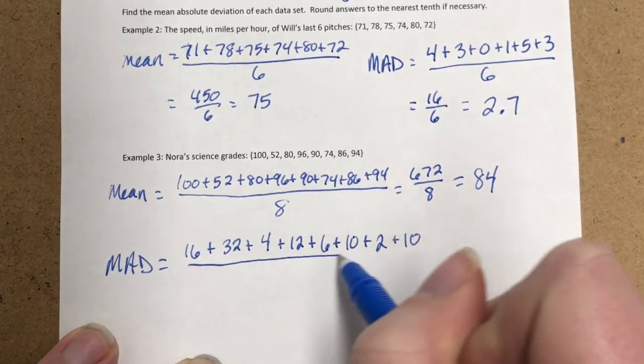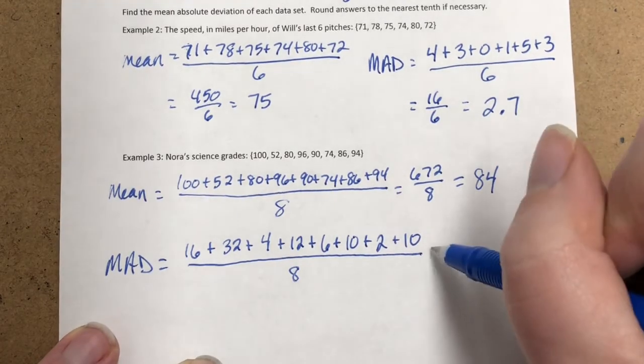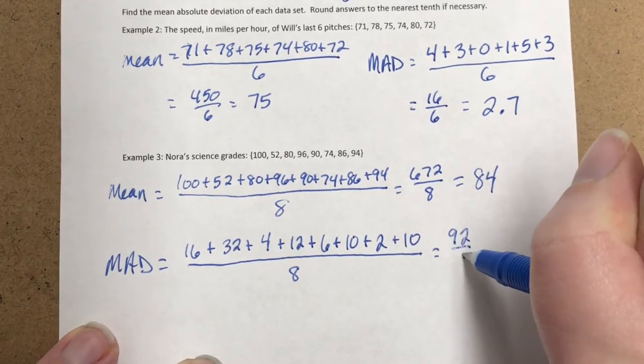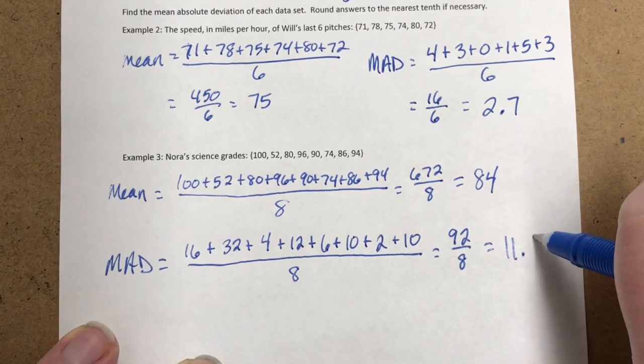So find that average, so I'll add all those up and divide by 8, and I get 92 divided by 8, which would be 11.5.